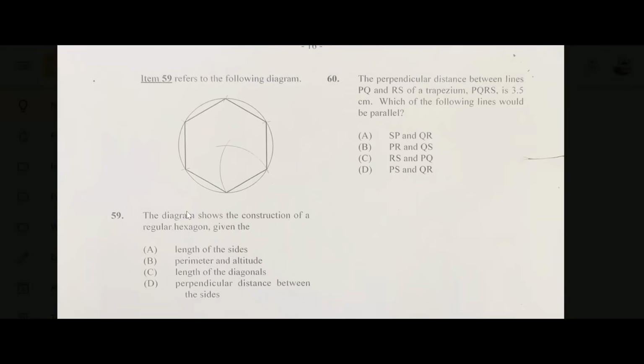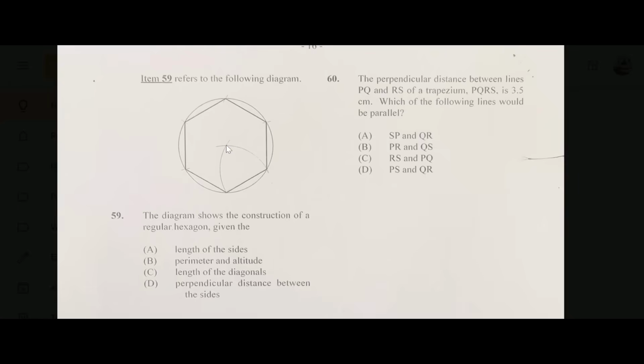Last two questions. The diagram shows the construction of a regular hexagon given the answer is A, right? Nothing else makes sense. The answer is A, the length of the side. So we were given the length of one side. We could have used a set square to draw this side. What happened next was they took the length of the side as the radius, drew these two arcs.